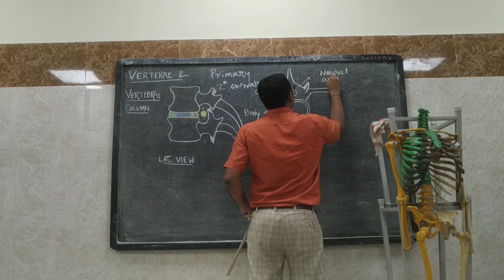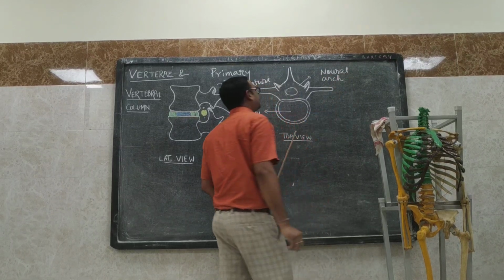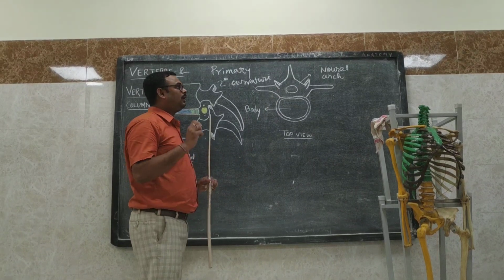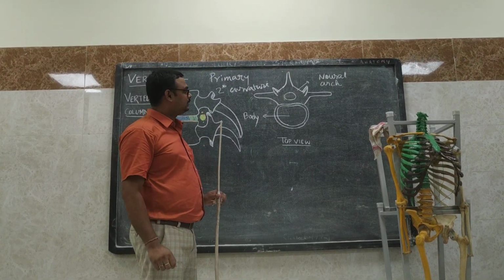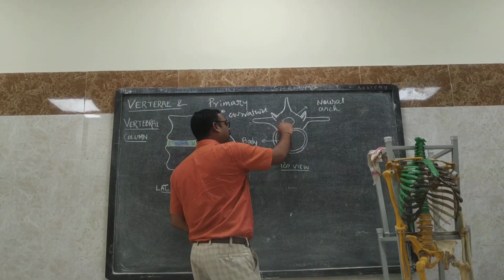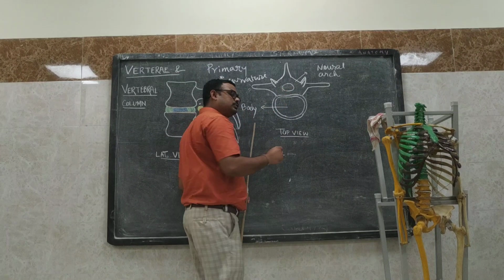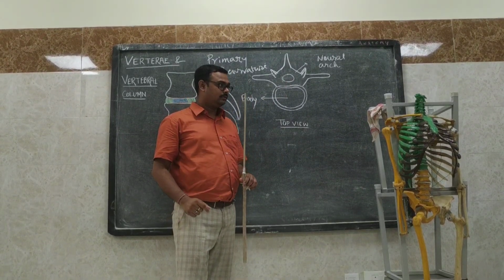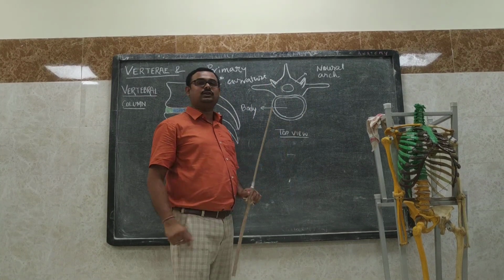Now, the neural arch is composed of different parts. Why do we call it the neural arch? Because it surrounds the most important organ, that is our spinal cord. So that is why the name is given the neural arch.